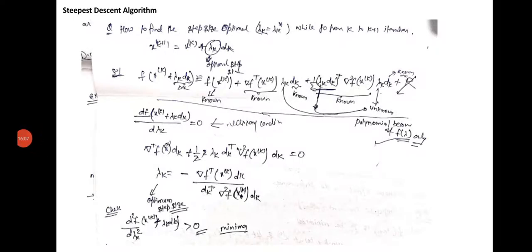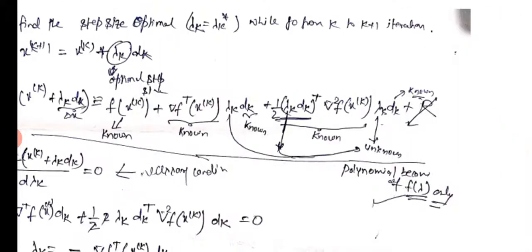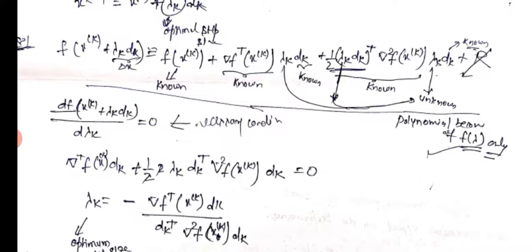The Taylor series is f of xk plus the gradient of f transpose at xk times lambda k dk, plus 1 upon 2 factorial, the quadratic term, lambda k dk transpose times the Hessian matrix times lambda k dk, plus the rest of the higher order terms. Now, to find the optimum step size, lambda k equals lambda k star, we have to set the gradient, df by d lambda k, equal to 0. It is a necessary condition.